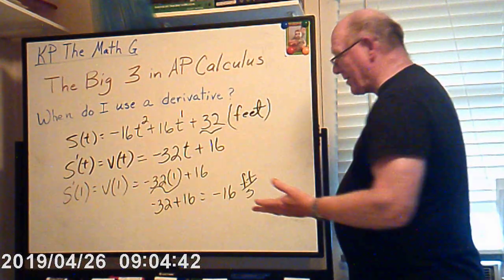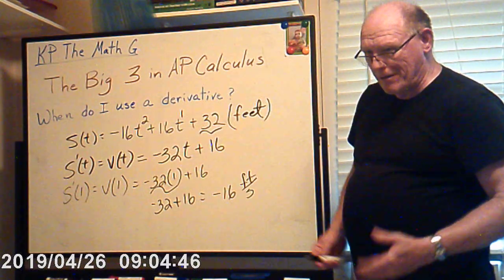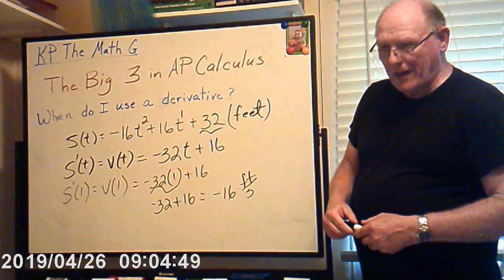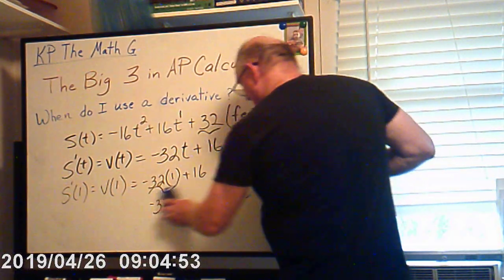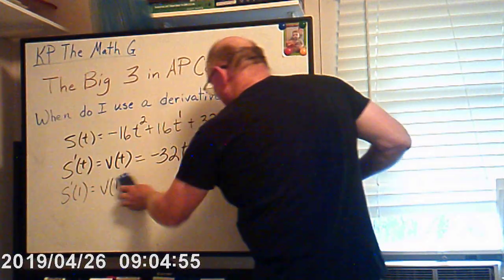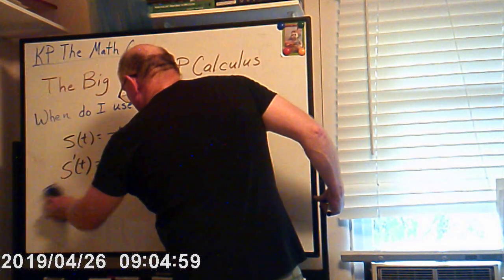I'll assume that the units are in feet and the time is in seconds. Now I'm going to do one more thing here. I was dealing with just the first derivative.